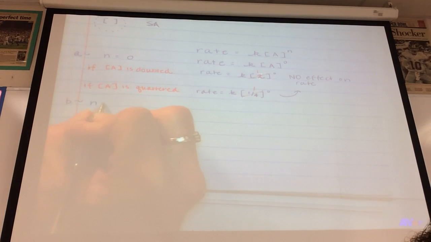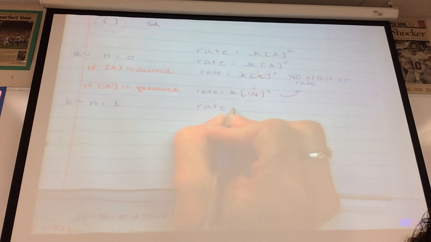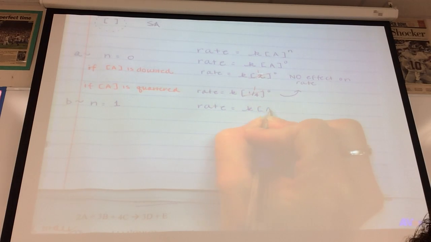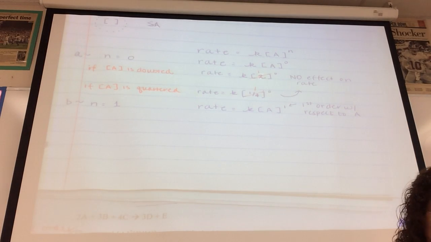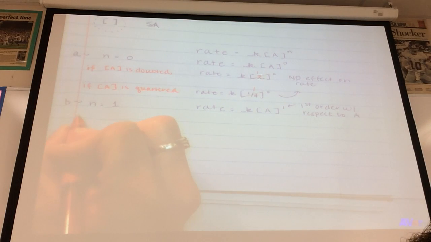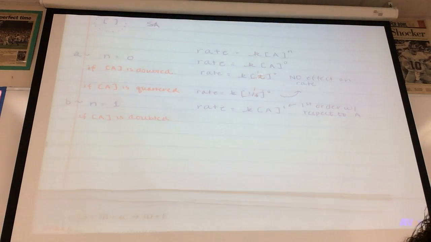Let's say n is 1, first order with respect to A. So rate is equal to K, A to the first power, that is first order with respect to A. Now let's say if A is doubled, we want to look at the effect on the rate.